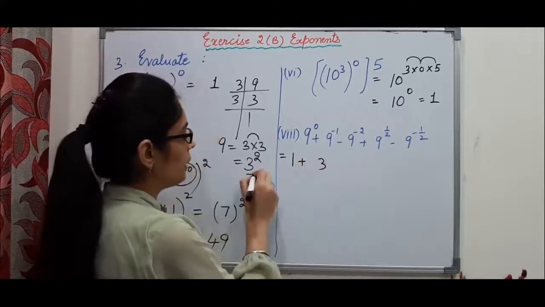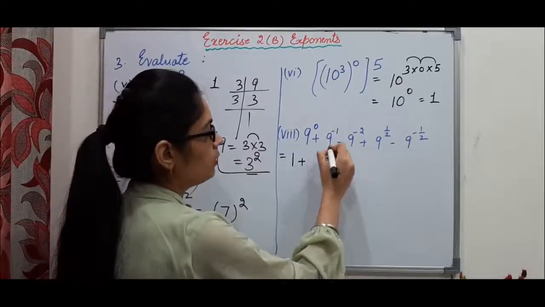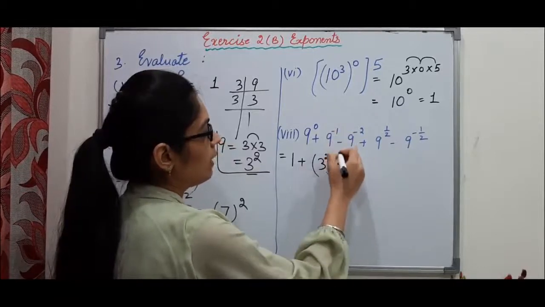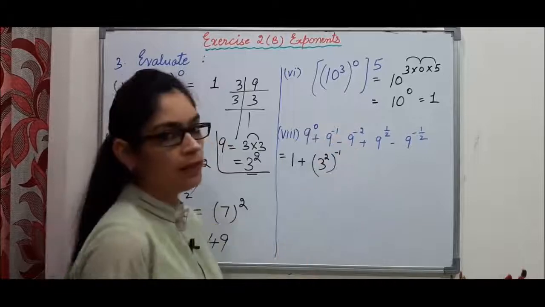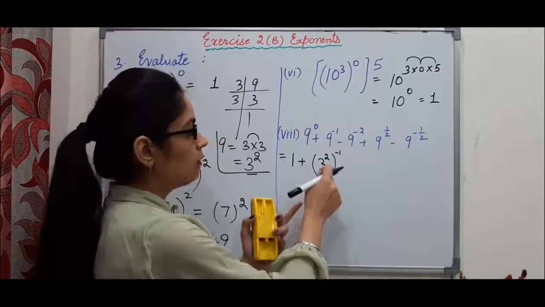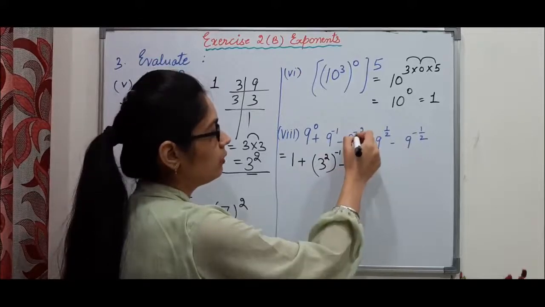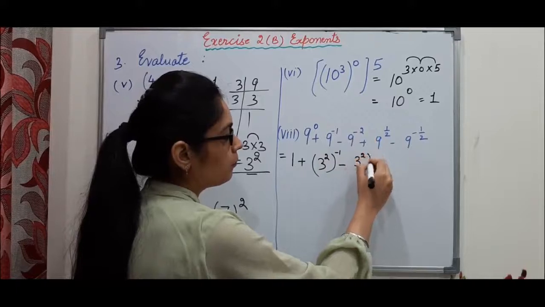I will write 3 to the power 2, because 9 is equal to 3 to the power 2. So in place of 9 I will write 3 to the power 2, and this minus 1 as it is I will write, because this minus 1 is the power with 9. 3 to the power 2 is 9, whole power minus 1. Same way again, in place of 9 I will write 3 to the power 2.